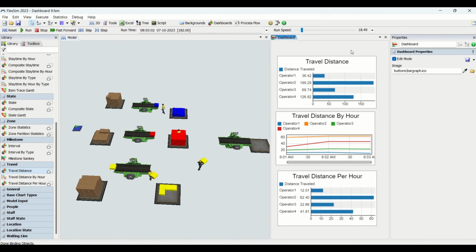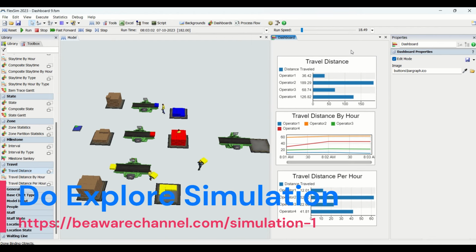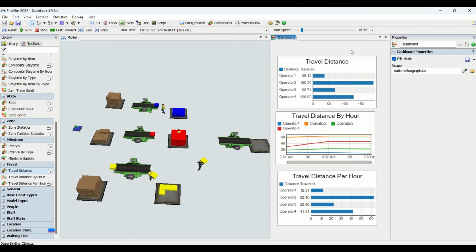So the question for this video is, what is the major difference between these three graphs? Do comment in the comment section and let us see in the next upcoming interesting video on our channel. This is our last video on statistics and analysis.